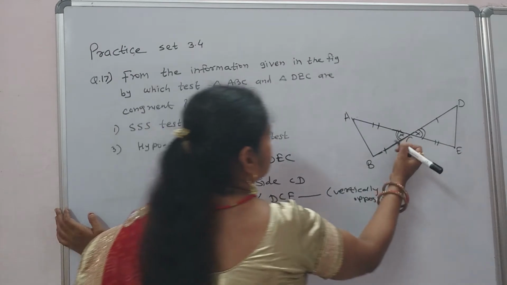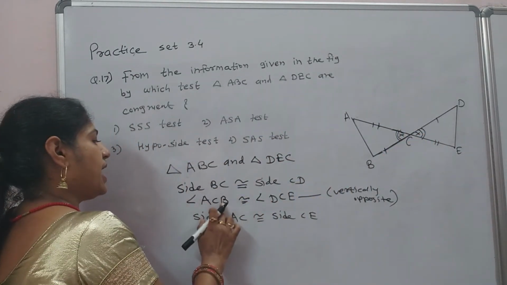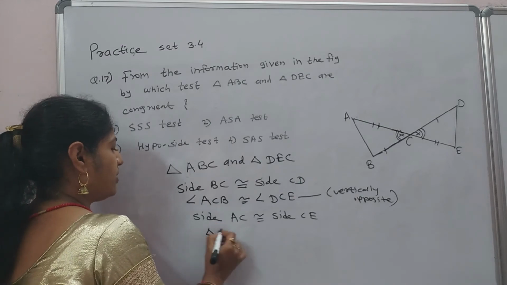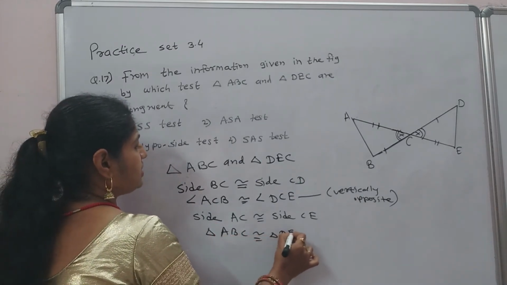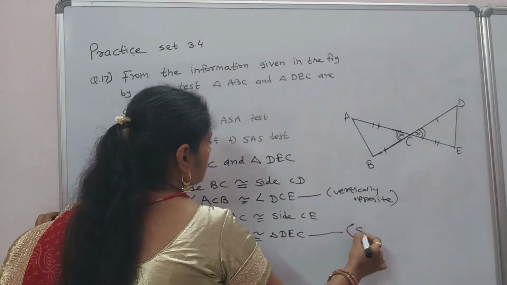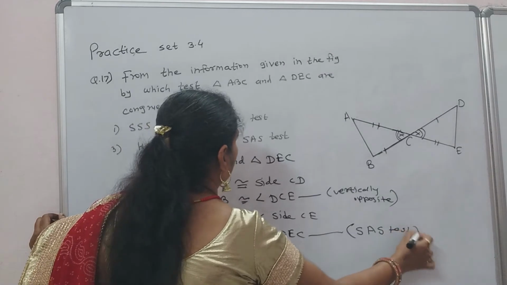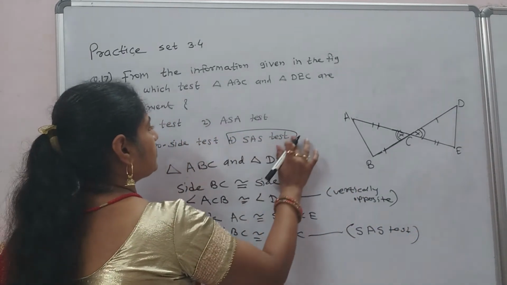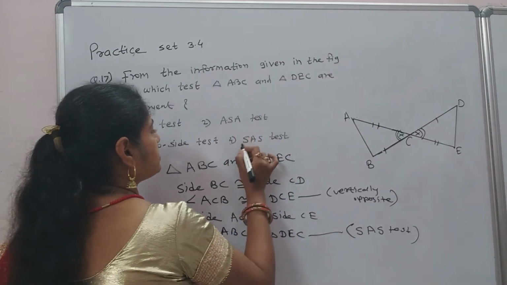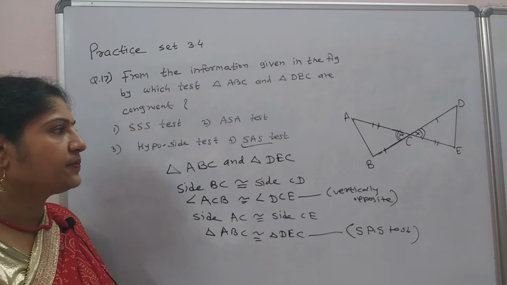So test is, this is the side, then angle, then side. Side, angle, side test. So triangle ABC congruent triangle DEC, and test is side, angle, side test. Answer is option number 4.